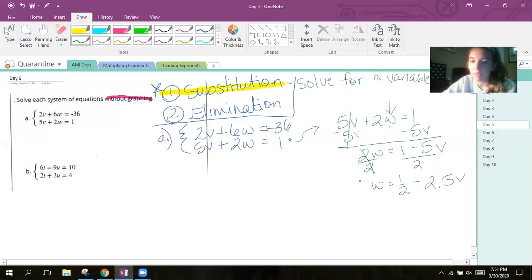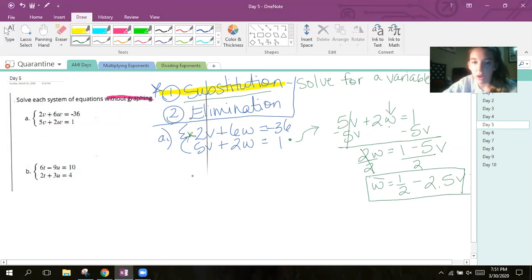v. Okay, so now that I have solved this second equation for w, I can now substitute it into my other equation. Okay, so that's why it has the name substitution. You're substituting it in. Okay, so since we used this equation, I'm going to use this one now to solve.